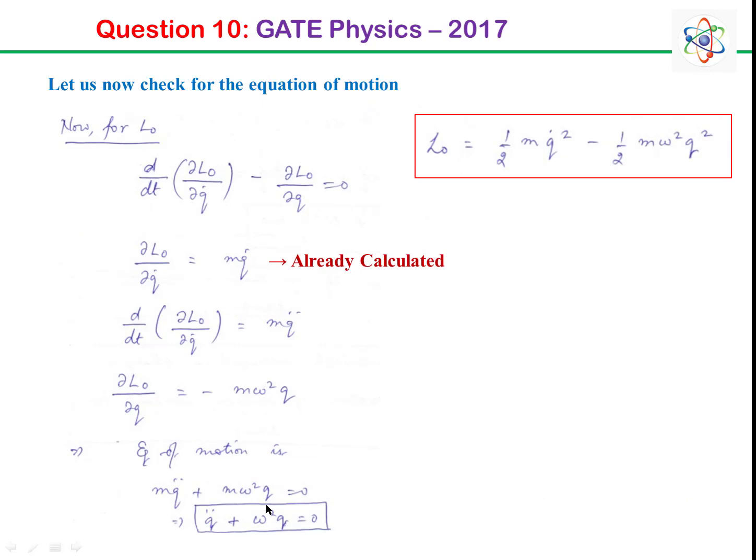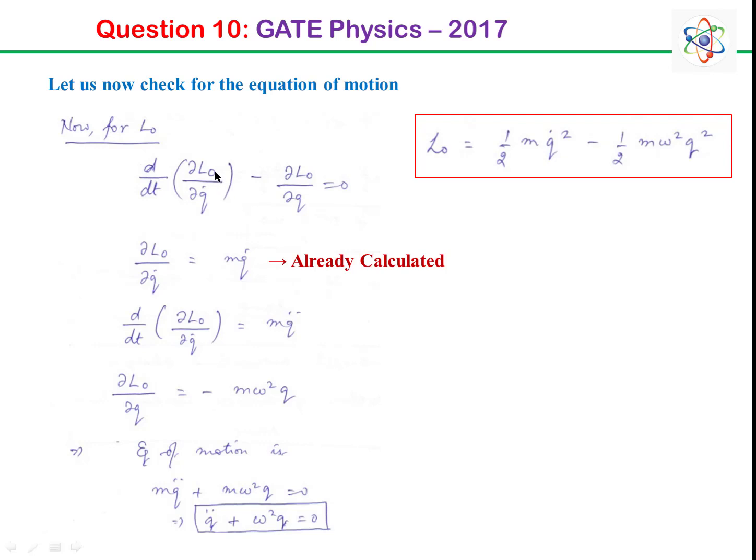Now let us see what happens to the equation of motion for the changed Lagrangian. Now we know that from Lagrangian formulation, the equation of motion is given by d/dt of ∂L/∂q dot minus ∂L/∂q equals 0, and therefore for L naught, this is my equation of motion.